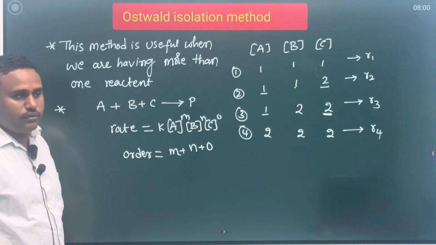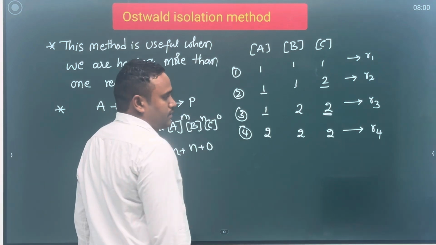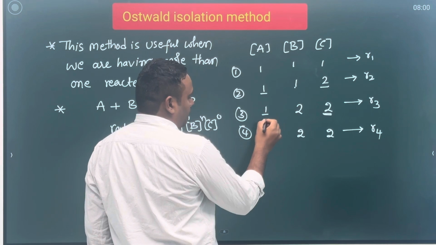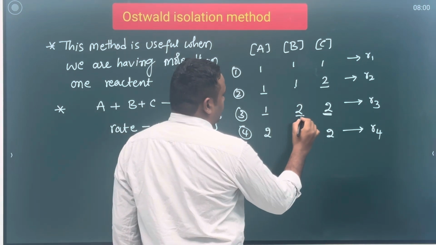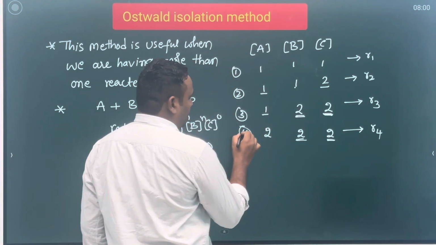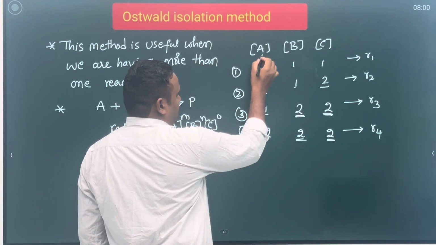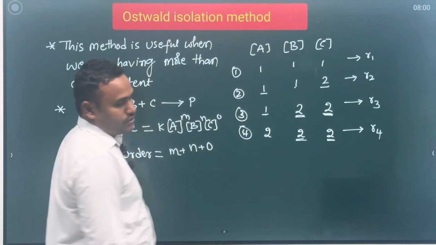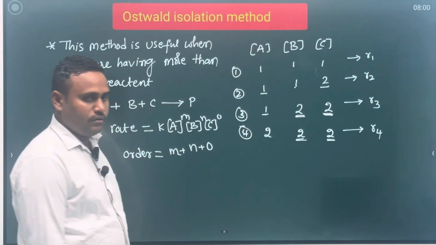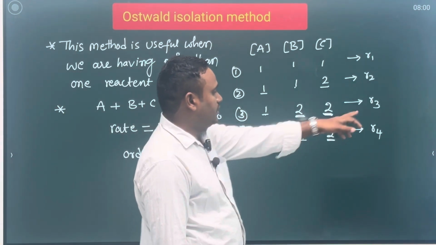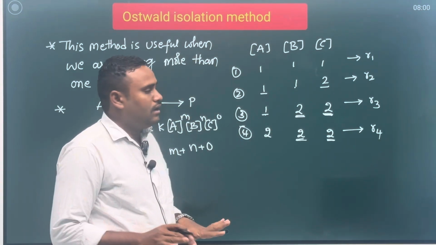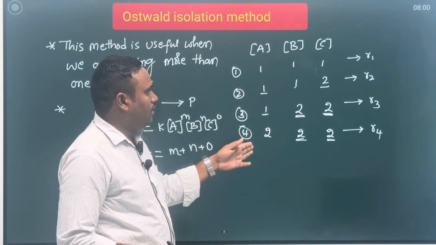Now what you can observe, concentration of B and concentration of C is constant in experiments 3 and 4, but concentration of A only is changed. And I will compare now the rate of reaction 3 and the rate of reaction 4, so that I will get the order with respect to A also.